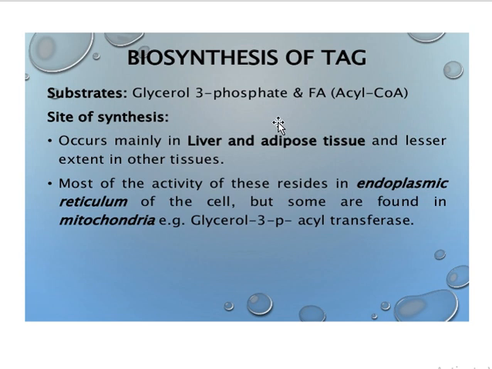Now, for the synthesis of triacylglycerol, 2 molecules are required. One is glycerol in the form of glycerol 3-phosphate, and the other is fatty acids in the form of Acyl-CoA. Both these forms are the activated forms of glycerol and fatty acids. Most of the synthesis of triacylglycerol takes place in liver and adipose tissues, and to some extent in other tissues as well.